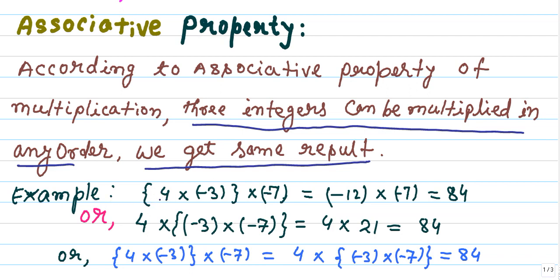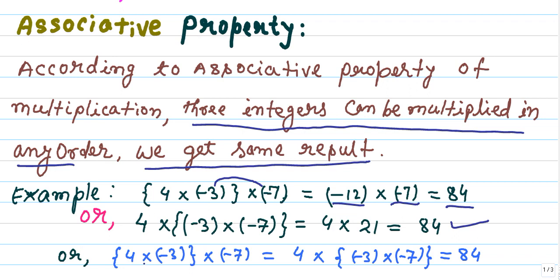Here, 4 into minus 3 in brackets, into minus 7. What do we get? 4 into minus 3 we get minus 12, and when we multiply by minus 7, we get 84. Now when we take the minus 3 with 7, so what would be the result? 4 into the bracket of minus 3 into minus 7, we get 4 into 21, because minus into minus always gives positive. So 4 times 21 is 84.